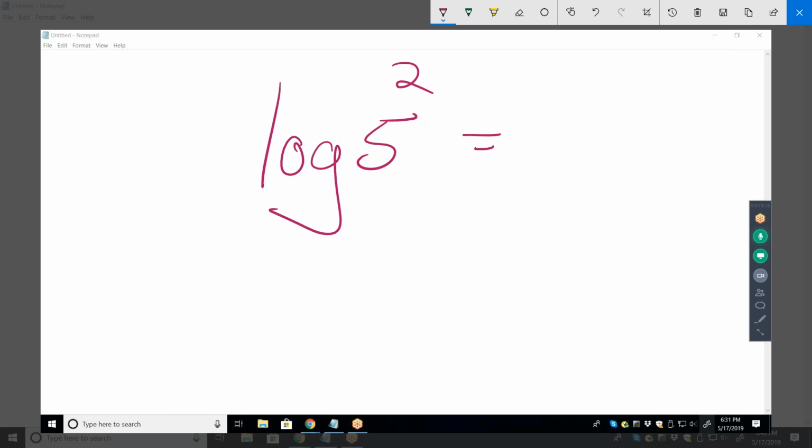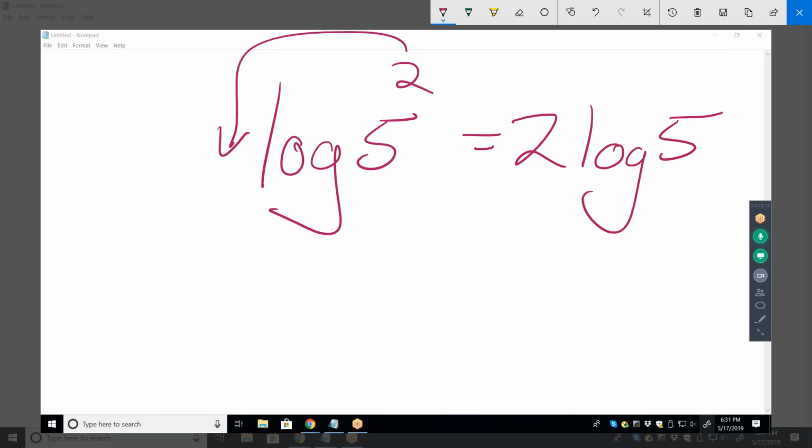What can you do with that exponent? You can bring it down in front, always. And if it's down in front, you can take it back to be an exponent. So what is this thing equal to? That's it. And that's all the rules you need to know. You need to know what to do when you have an exponent, and you need to know what to do when you have separate log statements that are being added or subtracted.